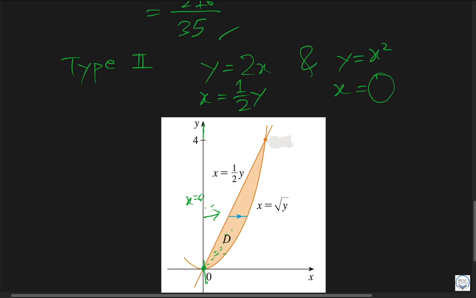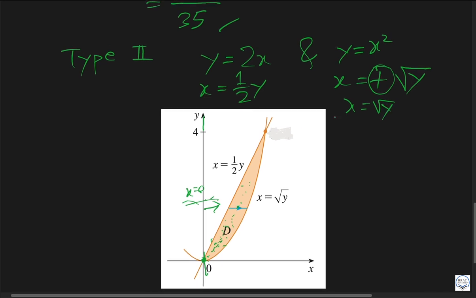Every point in this domain is either x equals 0 or definitely greater than 0 for all the other points. That means x is positive or non-negative, so it's either positive or 0. So here of course we have to pick the positive square root.